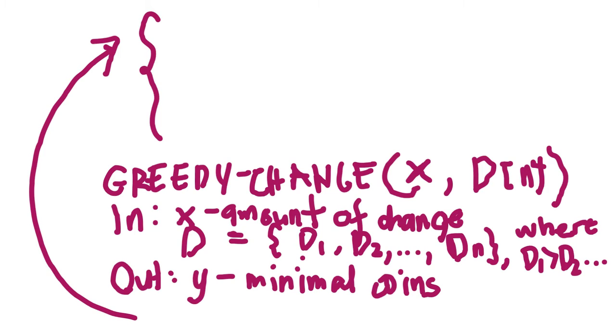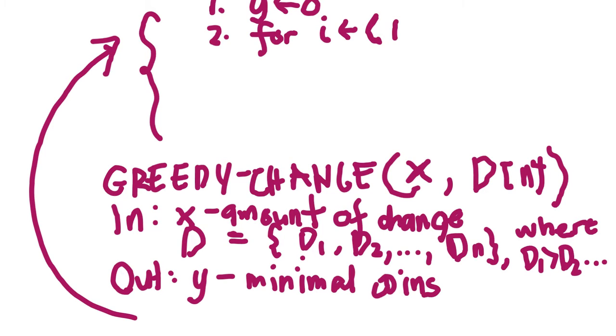I will simply assign 0 to my y, and I will come up with a for loop, for i from 1, so this will handle denomination 1 up to n.